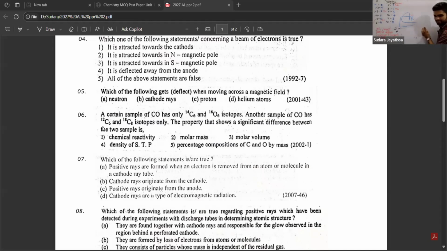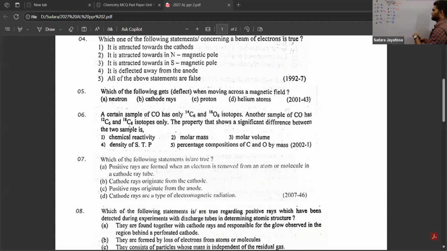One sample has only C-14 and O-16 isotopes, and the other carbon monoxide sample has C-12 and oxygen 18. There's a small mistake: it is written C818, it should be O818.